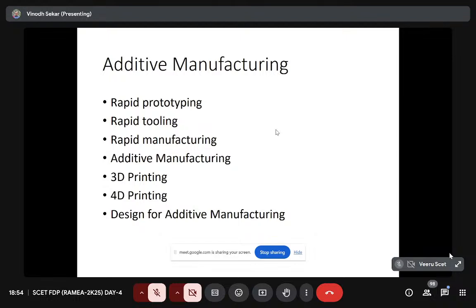Say for example, in the context of the processes which use support structures, where we can go for optimal support structures, and also the powder bed fusion process where we have mechanisms for reusing and recycling the powders.